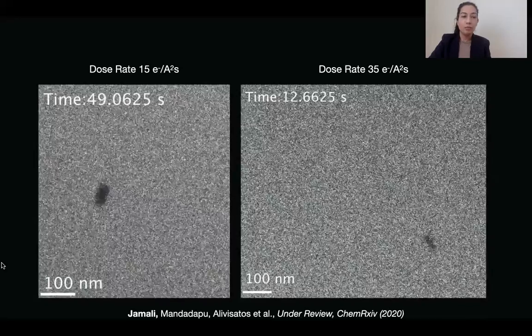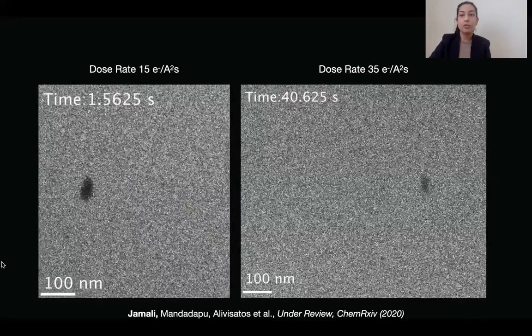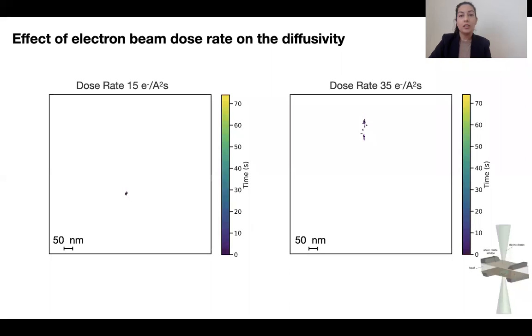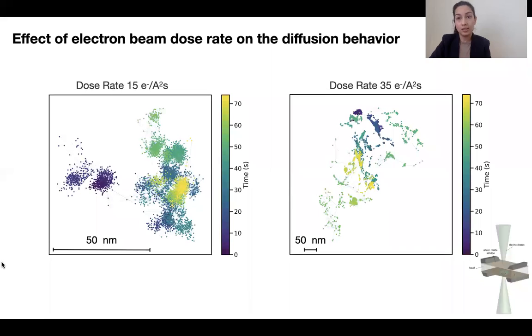Now if we process these videos and track the centroid of this particle in time and plot them in the same time interval of 70 seconds, scaled to the same size, we can see that diffusivity increases as we increase the electron beam dose rate. But if we magnify these two trajectories, we can see that it is not just the diffusivity that increases, but also the diffusion pattern changes as we increase the electron beam dose rate of the microscope.